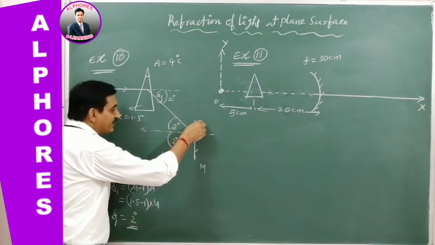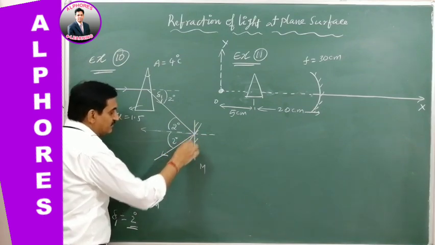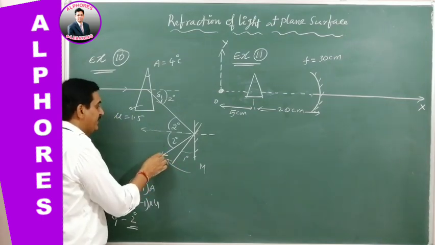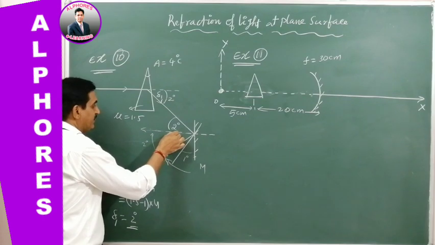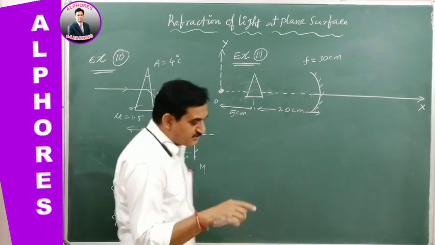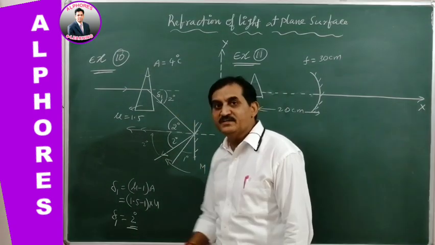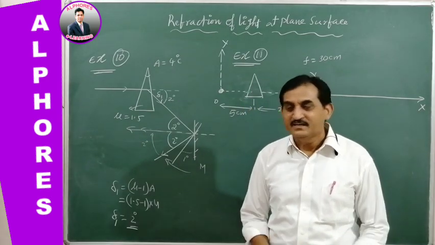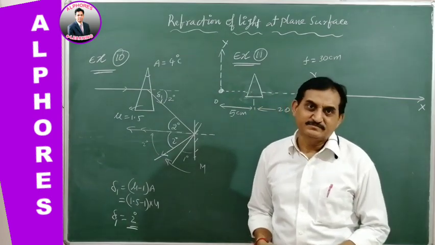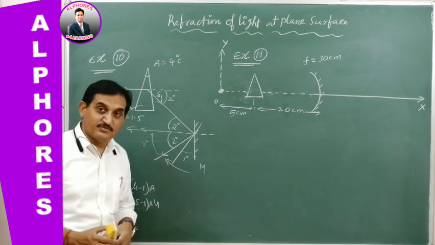If it is turned 1 degree, in which direction? Clockwise. Thereby the reflected ray will turn by 2 degree, and then it becomes horizontal. So this is the question, and the answer is that in the clockwise direction the mirror is to be turned by 1 degree in order to get the final reflected ray horizontal. Okay, this question is one of the variety of questions.